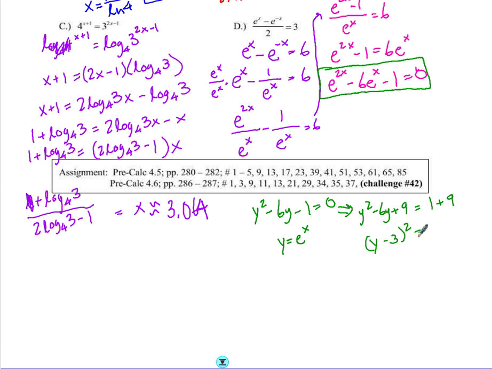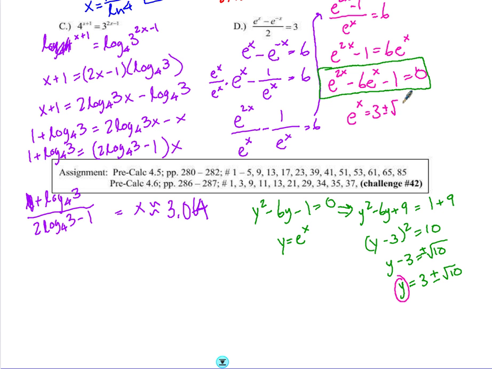But remember, y is not what we're trying to solve for. We're trying to solve for e to the x. So let's go ahead now and change this y back into my e to the x. That's very interesting. Now I've isolated down to just 1 e to the x, not 2 of them like I had up here.